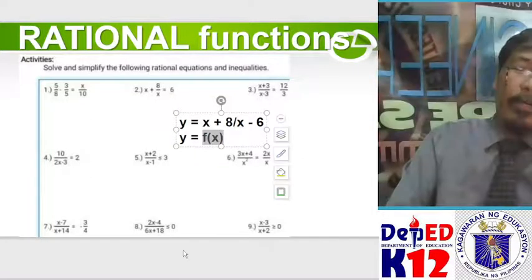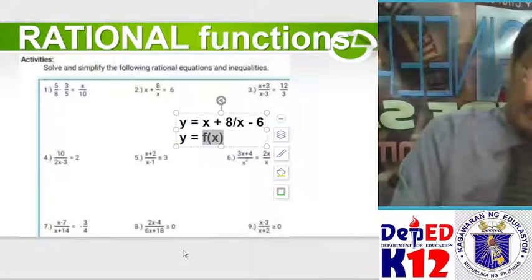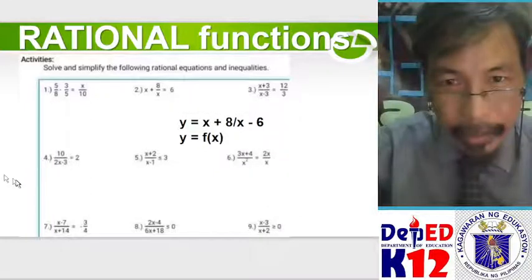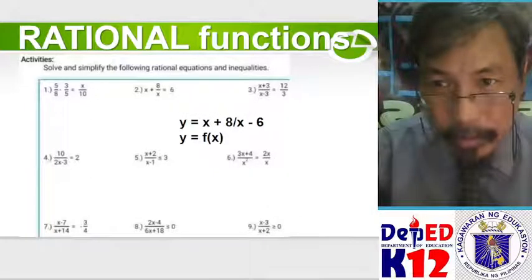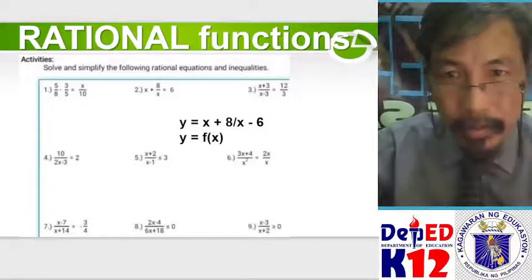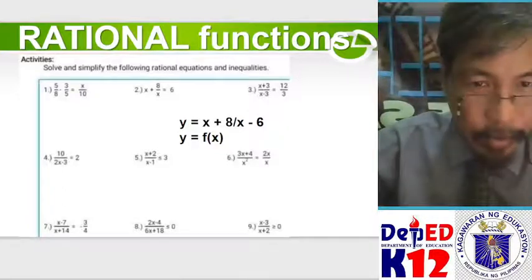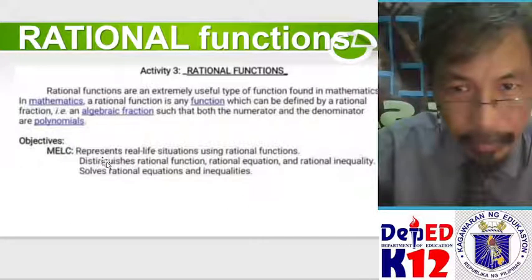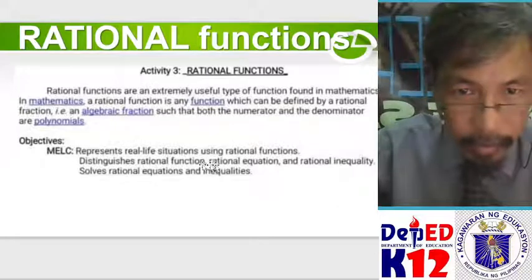If we use an equal sign, that is a rational equation. And if we use an inequality symbol rather than an equal sign, that is a rational inequality. So that is the distinction: distinguish rational function, rational equation, and rational inequality.